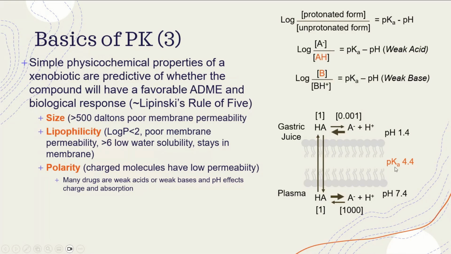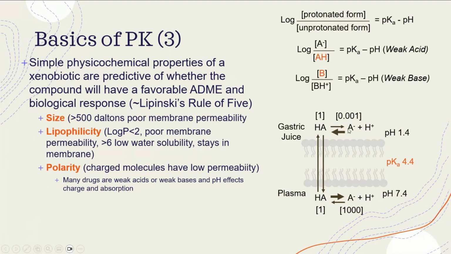So if we have a weak acid with a pKa of 4, it's going to be present in a higher percentage in the uncharged state, able to cross the membrane. And now if we go into the plasma where we have a pH of 7, now the uncharged molecule that comes across becomes charged at this higher pH.